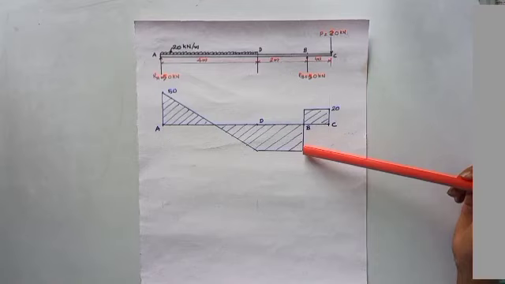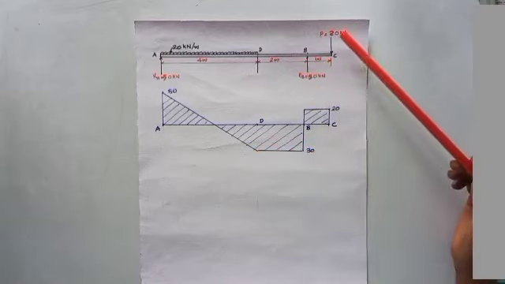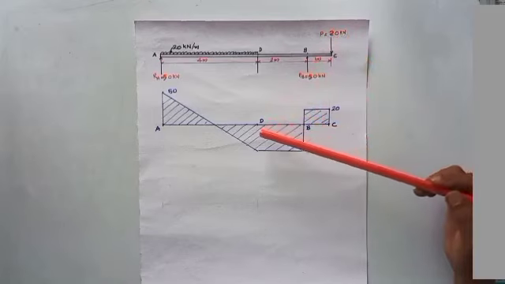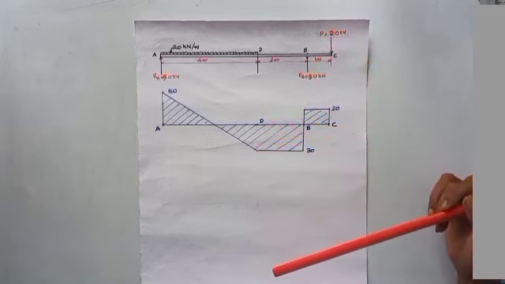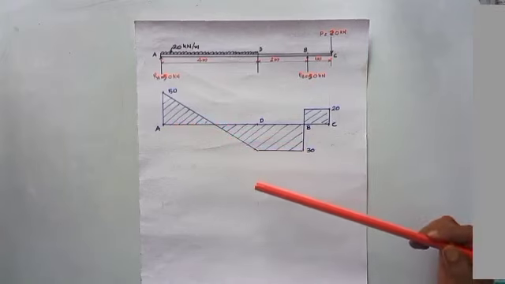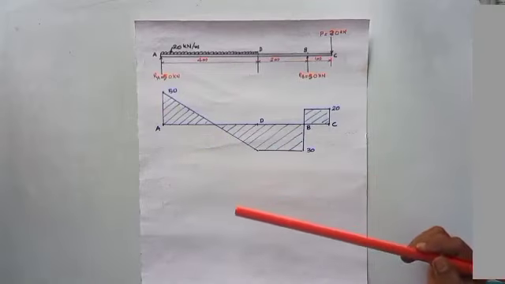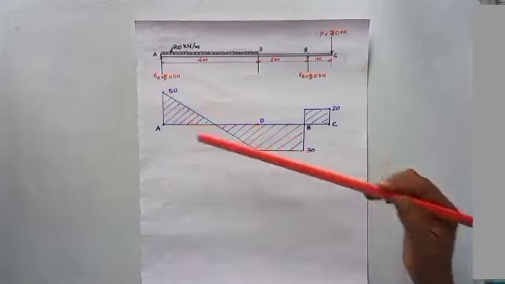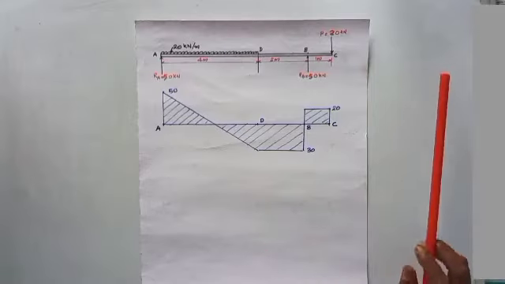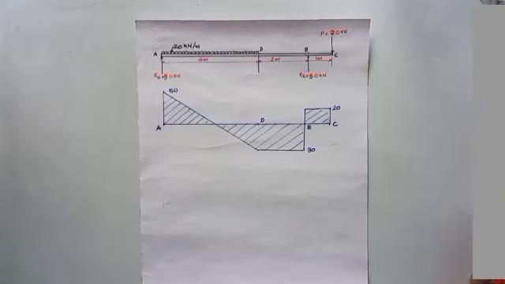Again that value will be the same up to point D because there is no load in between D and B. And then from D there is UDL. Because of that UDL, the shear force value will vary linearly using a straight line, and at point A the shear force is 50 kilonewton, and we can connect these values by means of a line, and that's all the shear force diagram. Now we can find the values of bending moment and how to draw the bending moment diagram.